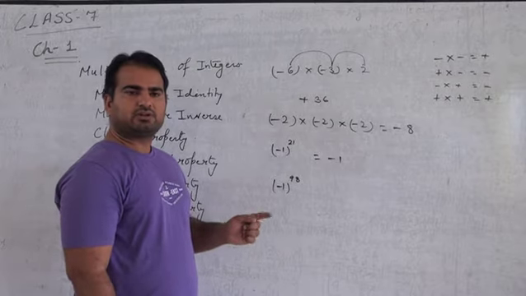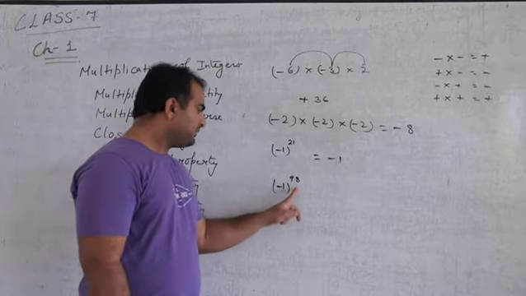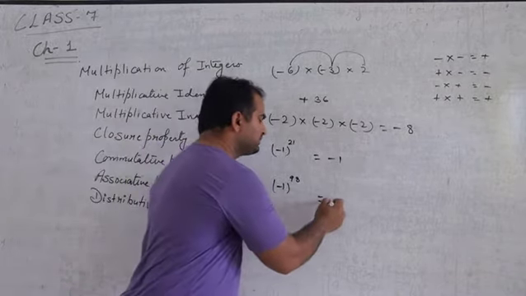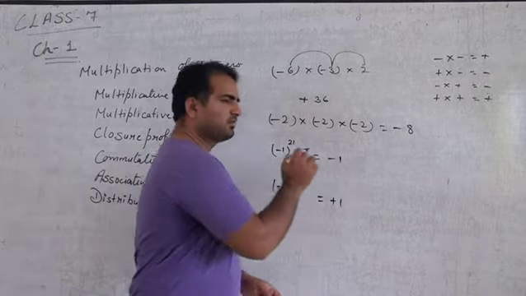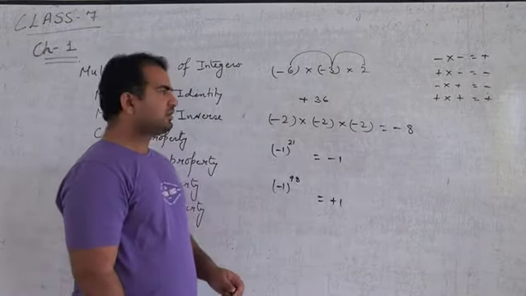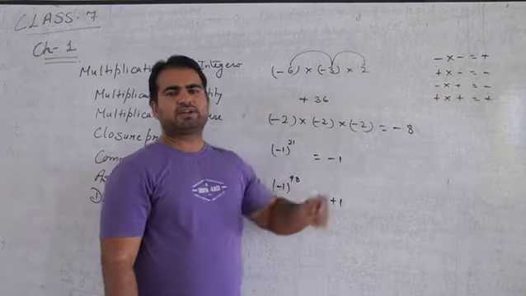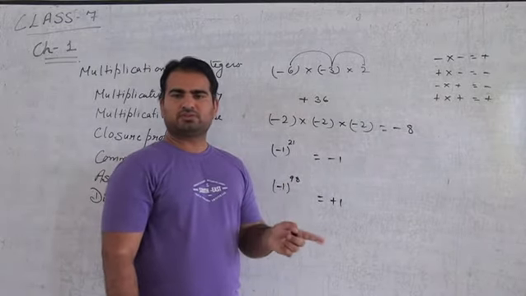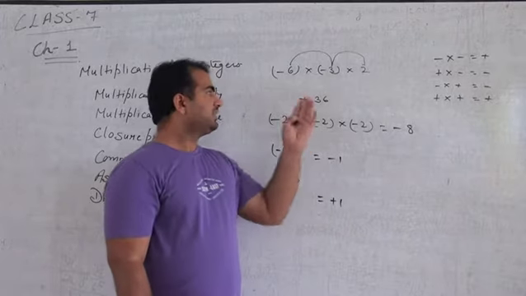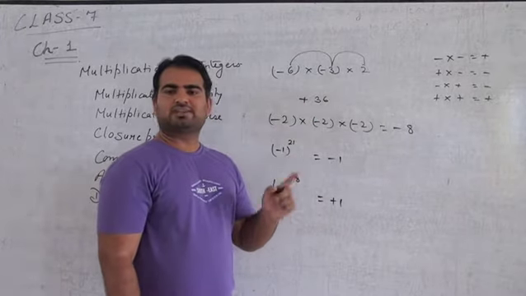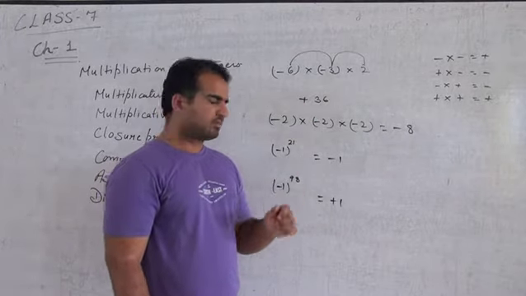Is 98 odd or even? It is even. And if it is even, the answer will be positive. And what is 1 into 1 into 1? It will be 1. So if the number of negative signs is even, the answer will be positive, and if the number of negative signs is odd, the answer will be negative.